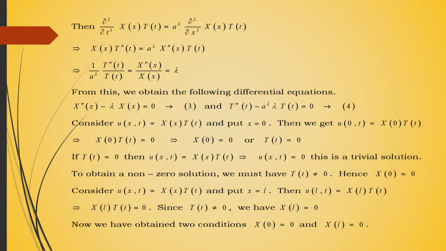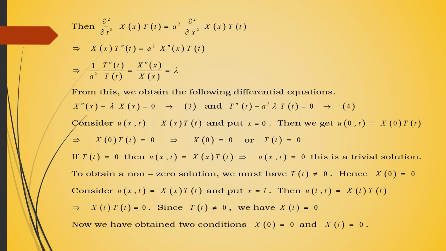So, we can equate this expression to a constant, say lambda. Then we obtain 1 by a square T double dash of t upon T of t equals X double dash of x upon X of x equals lambda.